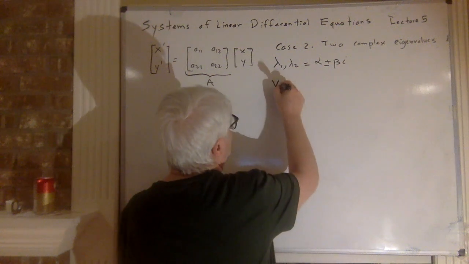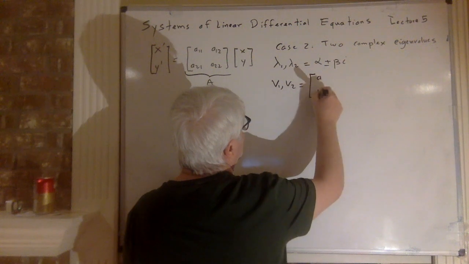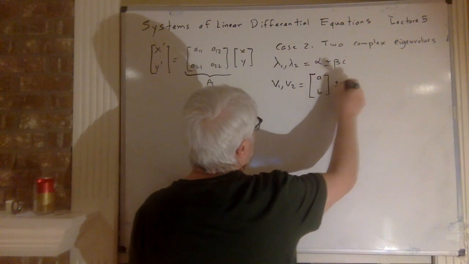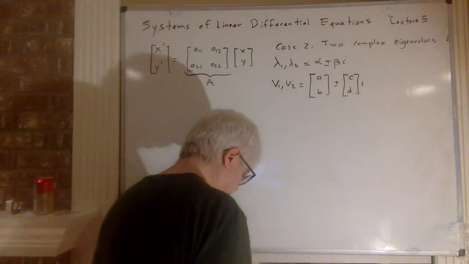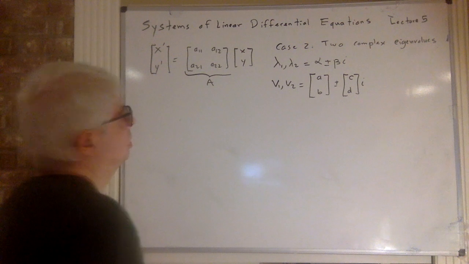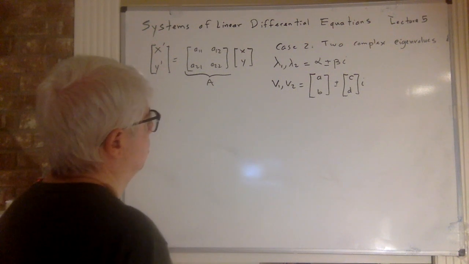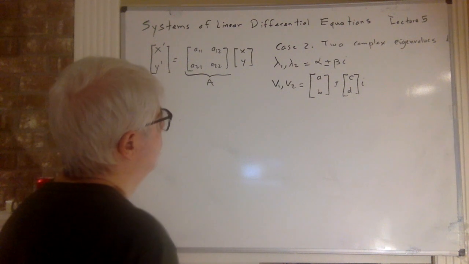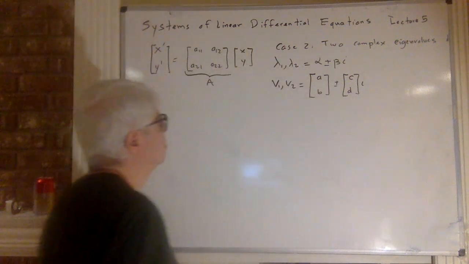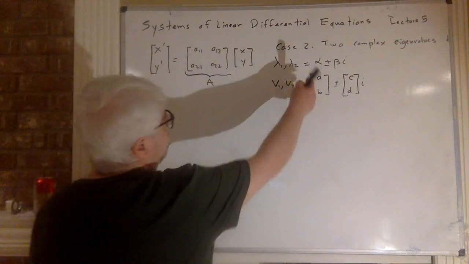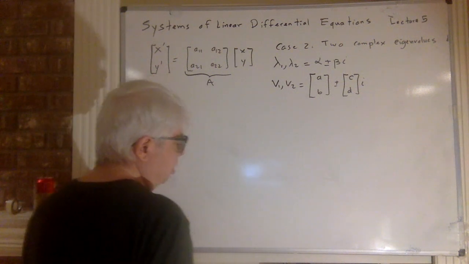And the v1, v2 will be something like the same: A, B, and plus minus C, D, i. Okay? So let's assume that the plus here is for the plus, that doesn't make too much difference.